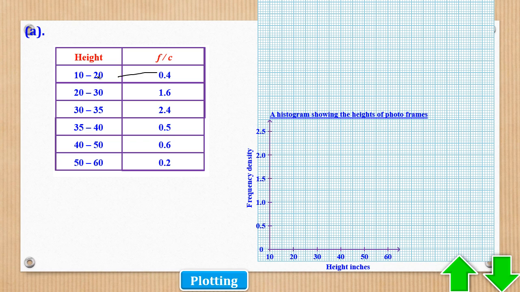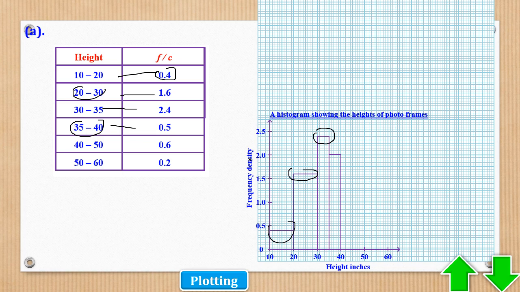So from 10 to 20 corresponds to 0.4, which is that. 20 to 30 corresponds to 1.6. 30 to 35 corresponds to 2.4. 35 to 40 corresponds to 0.5.